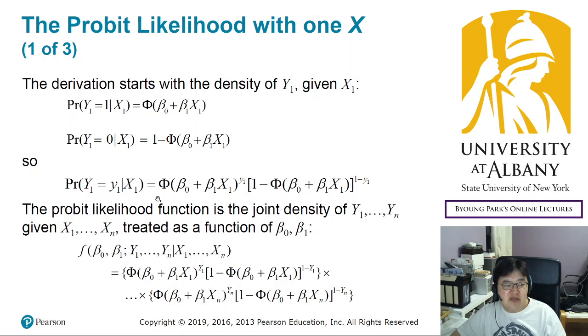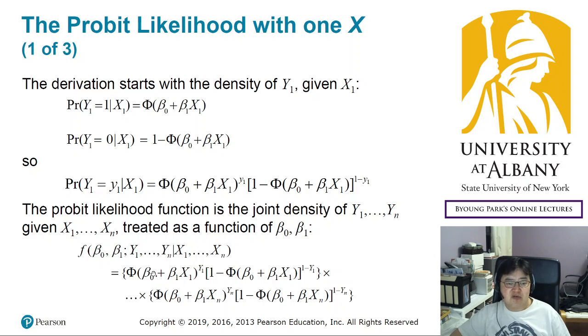Then you multiply these probabilities from the first observation to the last one, n. There are n observations, so you multiply all of them. This is the likelihood function for the probit model.